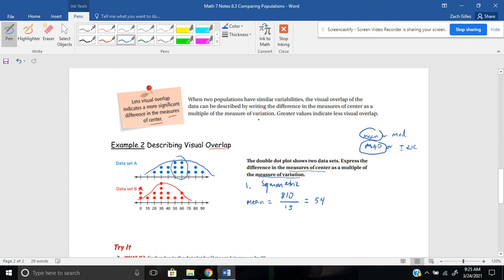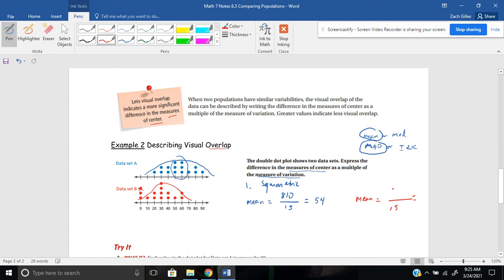Okay, let's do the same for data set B. Let's find the mean for data set B. Again, I have 15 data points, and I just need to add 0, 0, 0, 10, 20, 20, 30, 30, 30, 30, 40, 40, 50, 60, 60. And looking at this, I bet you can tell that the average is going to be a little bit smaller than data set A. It's a little bit more to the left.